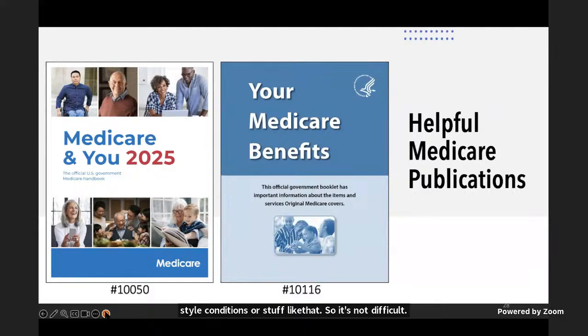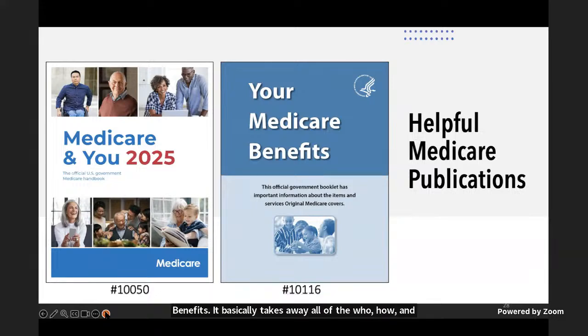A couple of really helpful publications. Medicare and You for 2025 is number 10050. If you go to your favorite search engine and type in Medicare and You, it's going to come up though. One that I also enjoy is number 10116, and that's Your Medicare Benefits. It basically takes away all of the who, how, and what of the program logistics and only talks to you about the benefits to which you're entitled.